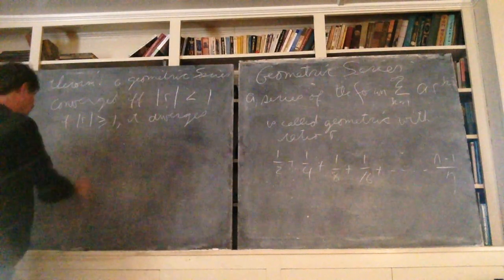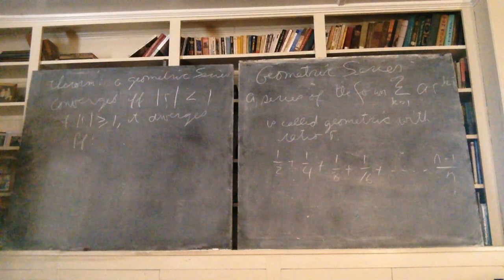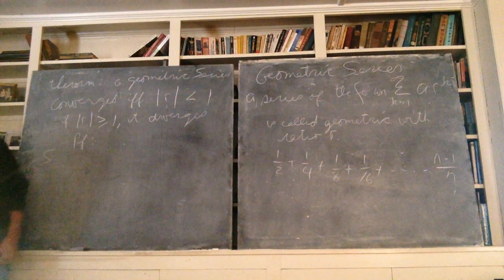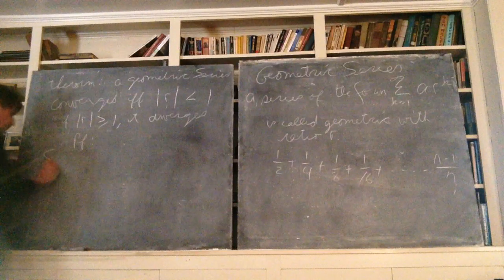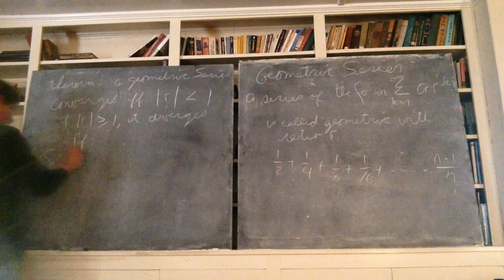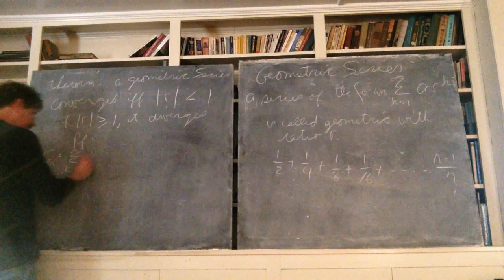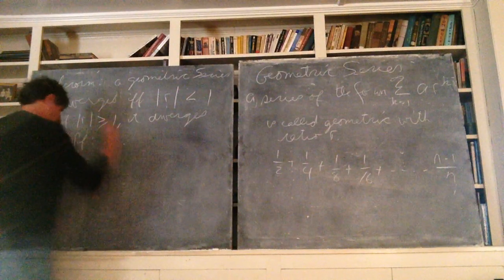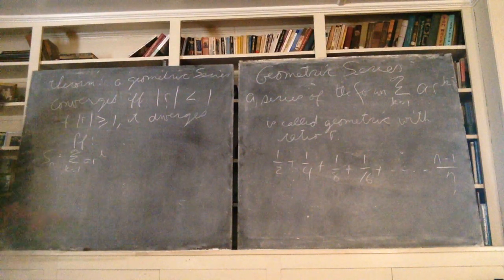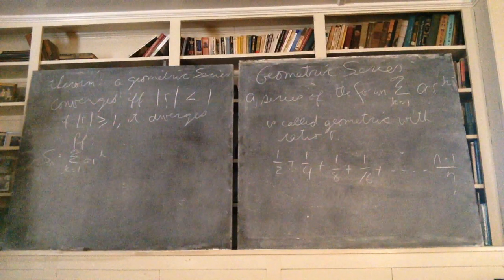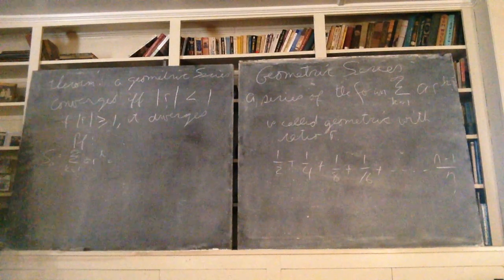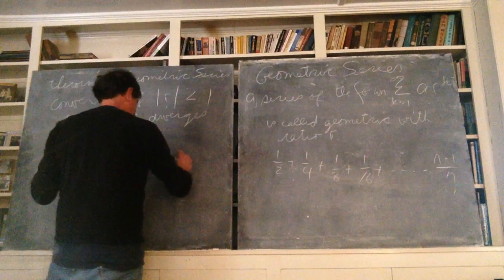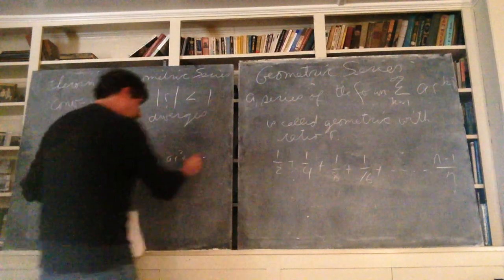And I actually have a little proof of this. Suppose S sub n is the partial sum of the series sum of A times R to the k, which is the same as A plus AR plus AR squared plus AR to the n minus 1.